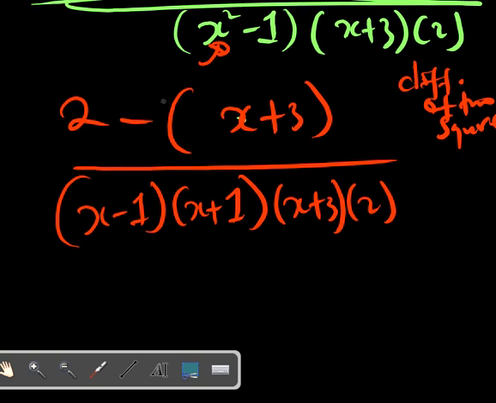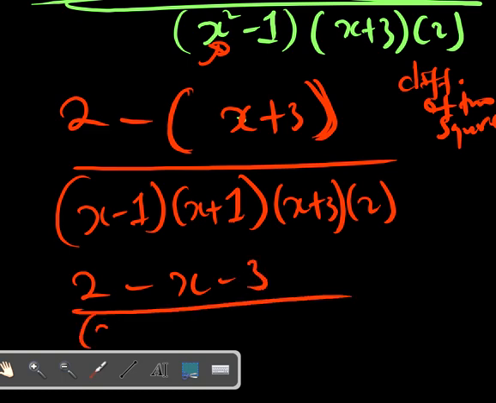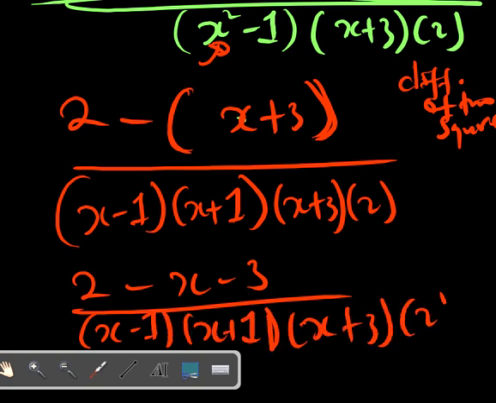Now, I'm going to expand this bracket to get minus x minus 3, and I have x minus 1 times x plus 1, and x plus 3 times 2.